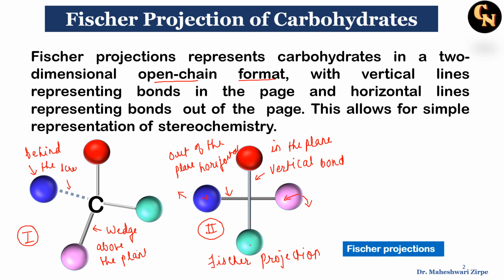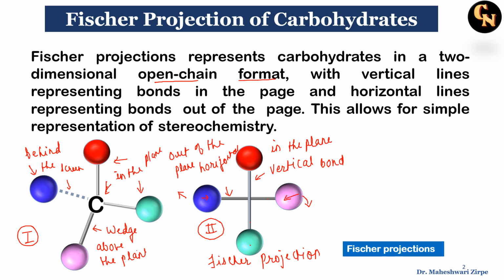The red ball, green ball and the carbon atom will all be in the plane. This is our original molecular structure, and the second structure represents your Fischer projection. So in a two-dimensional way we can represent this three-dimensional structure.